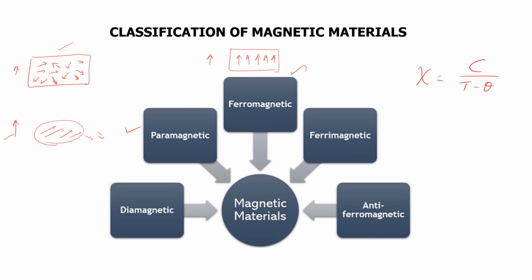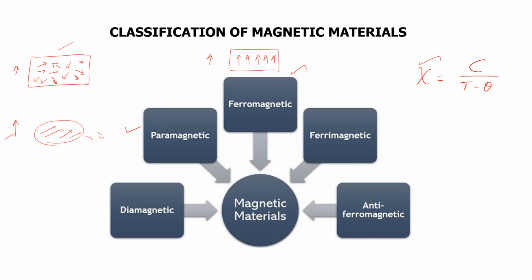They have permanent dipole moment, so they act as strong magnets. Then they exhibit magnetization even in the absence of external field. This property is called spontaneous magnetization. Then its susceptibility is positive and also very high. It also obeys the Curie-Weiss law, chi is equal to C by T minus theta.